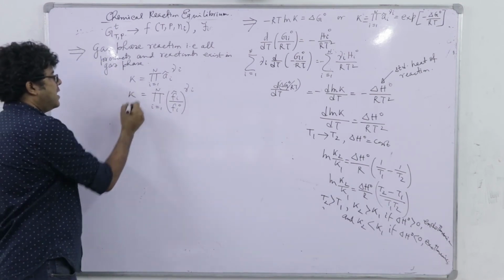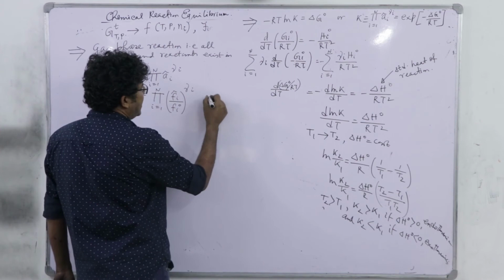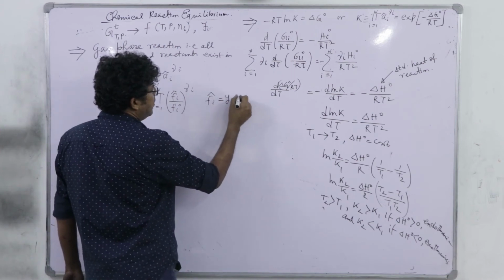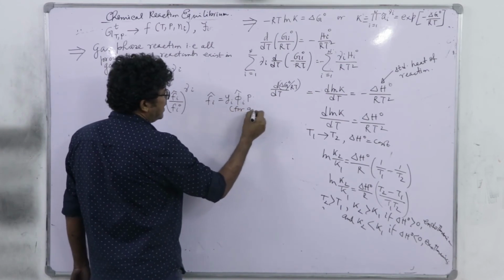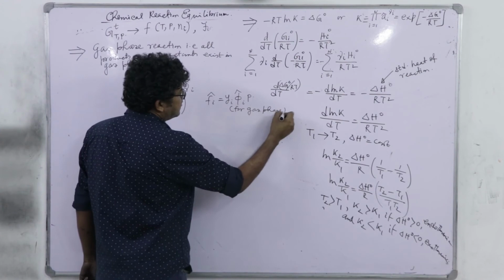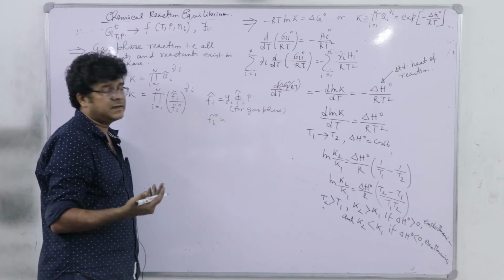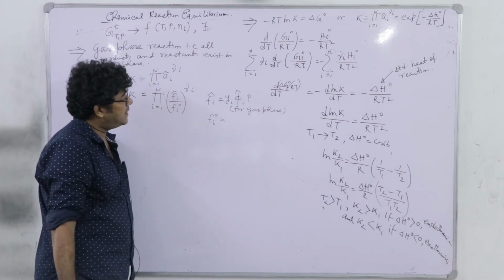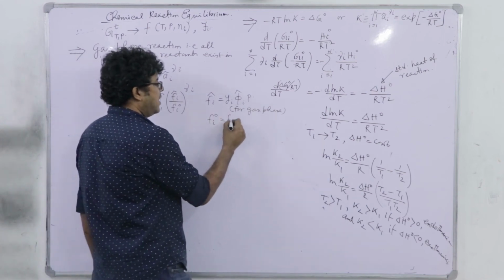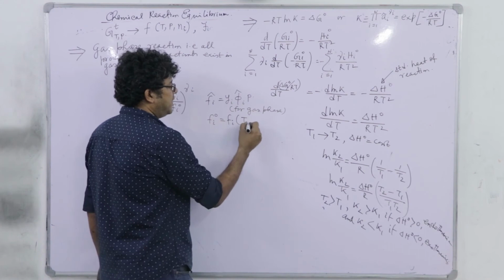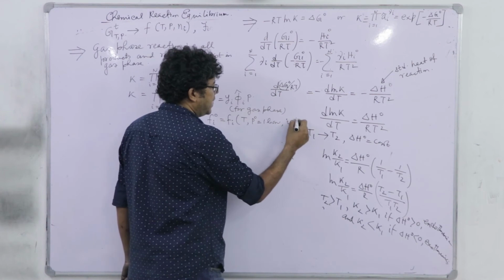So that is K. K can be solved once the temperature is given. Now, f_i cap is equal to y_i times phi_i cap times P for the vapor phase, for the gas phase, and f_i naught for the gas phase, what is the standard state? For the gas phase, the standard state is the ideal gas state, because standard state properties are pure species properties at the fixed temperature and pressure of 1 bar, and here it will be the ideal gas state.